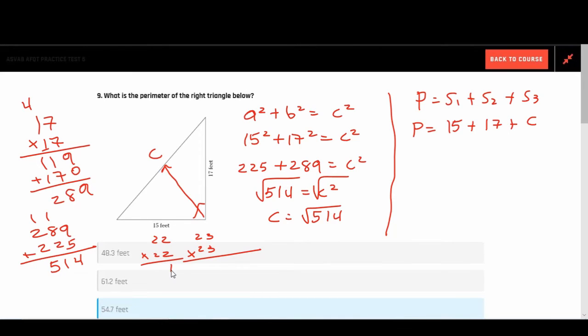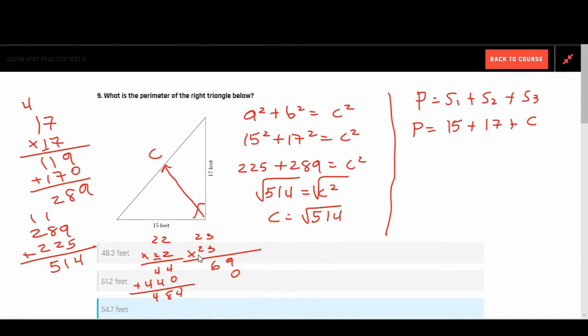2 times 2 is 4. 2 times 2 is 4. Add a 0 since we're starting that 2. 2 times 2 is 4. 2 times 2 is 4. 0 plus 4 is 4. 4 plus 4 is 8. 4 plus nothing is 4. Okay, that gets me close, but it's not quite there. 3 times 3 is 9. 2 times 3 is 6.